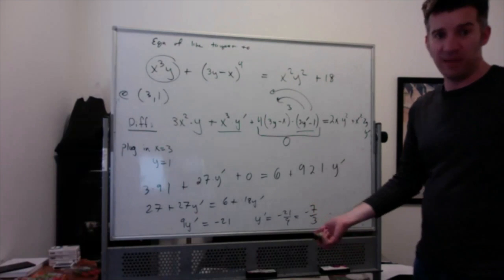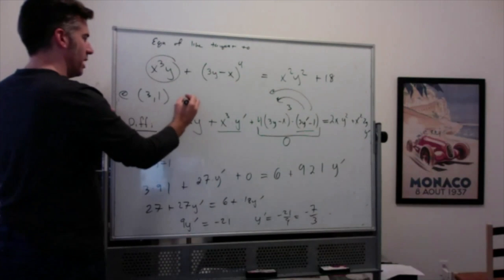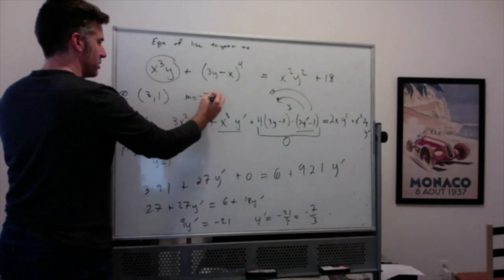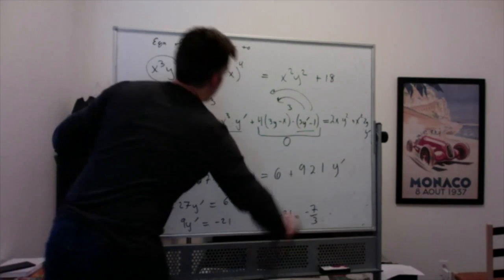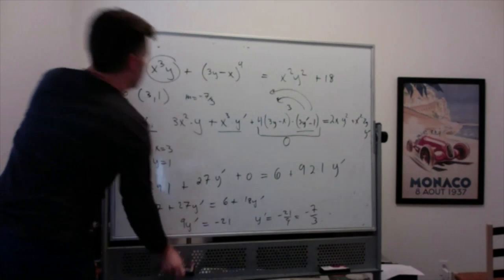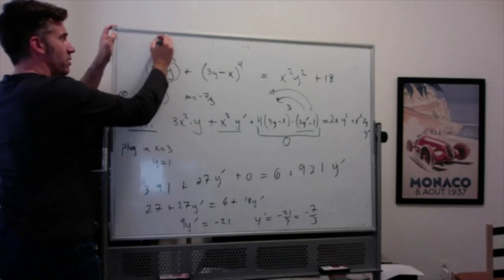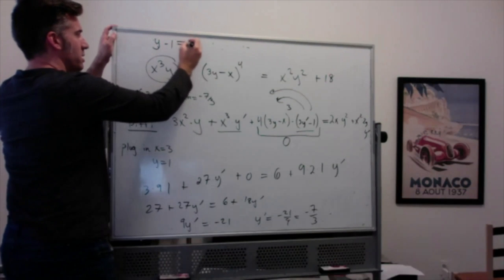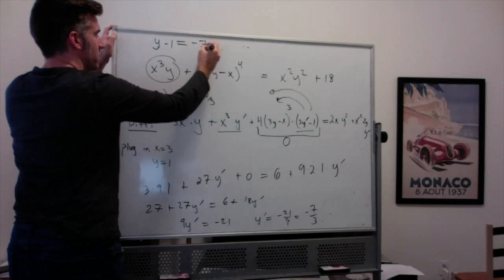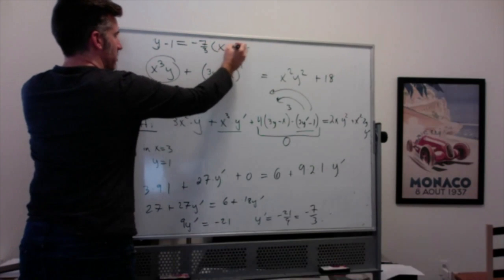And then we can find the equation of the tangent line by saying, okay, well, here's the point, and the slope is negative 7/3. So the equation of the line is going to be, using the point slope form, y minus 1 equals negative 7/3 times x minus 3.